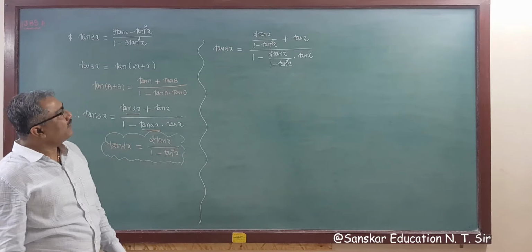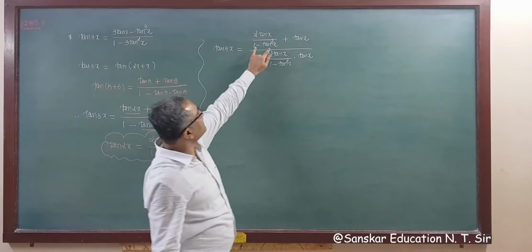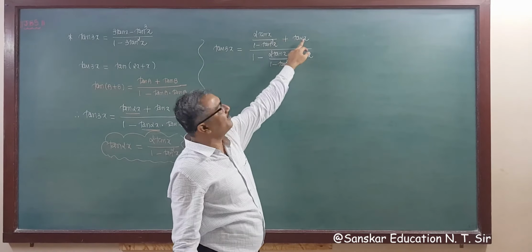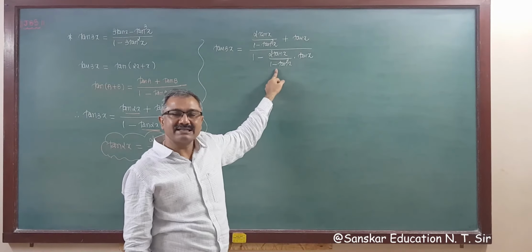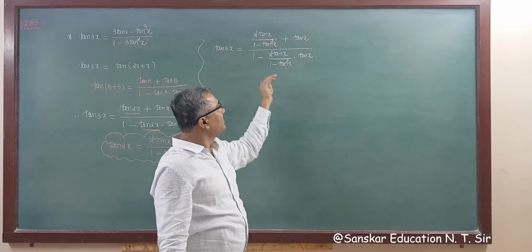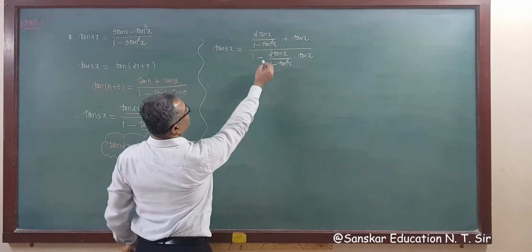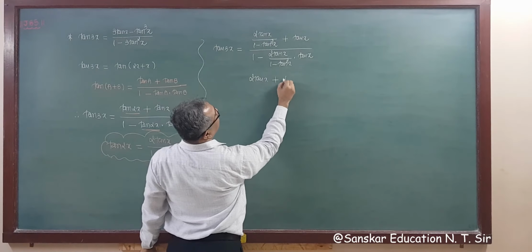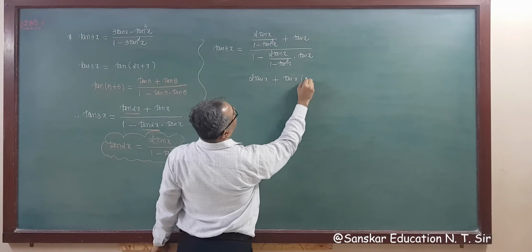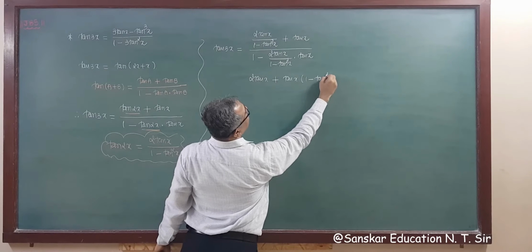Got it? Now taking LCM, 1 minus tan square x is the LCM, so multiplying 1 minus tan square x here, and in the denominator also 1 minus tan square x is the LCM. So what we get? 2 tan x plus tan x into 1 minus tan square x.